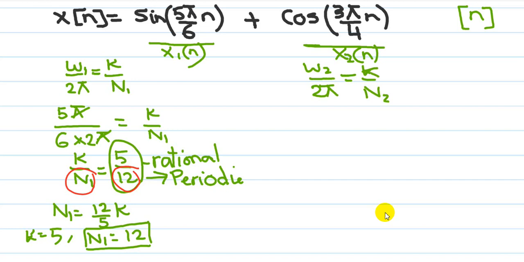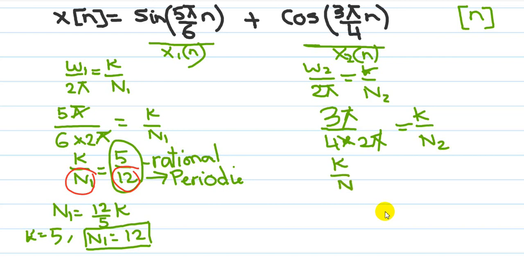Omega 2 is 3 pi divided by 4 multiplied by 2 pi. So pi is cancelled, and k by n2 will be equal to 3 by 8.